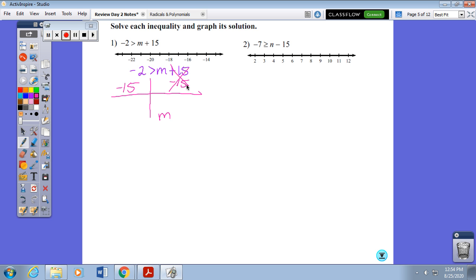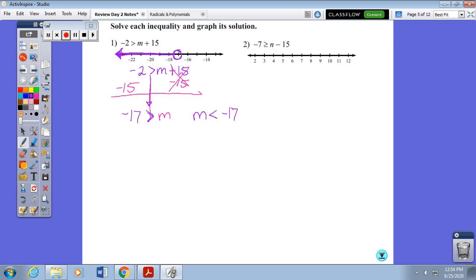This goes away, I'm left with m. My sign comes down just like it is. It came straight down, did not change it. Negative 17. Well, this says m is going to be less than negative 17. You can rewrite it. Okay, this is pointing at the m, if that helps, if you need the m on the left. So m is less than negative 17. So we're going to go to negative 17, open circle. We want everything that's less than that.